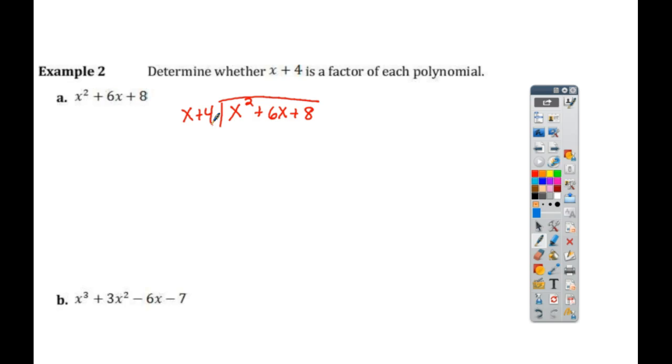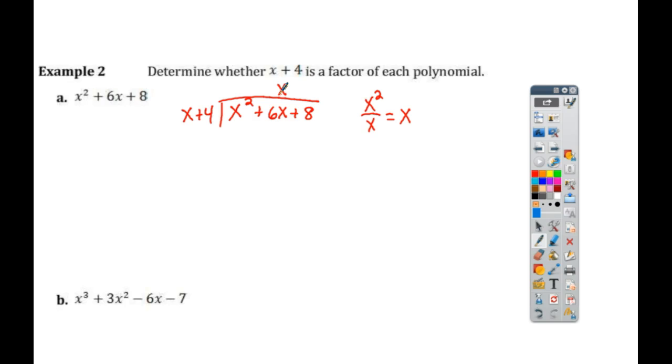Okay? So here's what I'm going to do. I'm going to take this x squared, and I'm going to divide it by x. That's how we started the other problem. We're going to do the same thing. X squared divided by x. And what is x squared divided by x? It's just an x, right? So that x is going to go right here above the 6x.